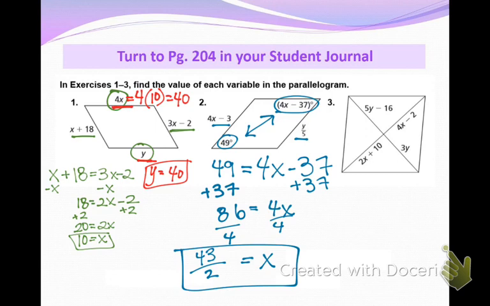Okay, so once we have x, what do you think we can do to solve for y? Plug it in. So where would it help me to plug it in? 4x. Yep. We could plug it in for 4x minus 3, because if we find out what that side equals, we know that y divided by 5 will equal that as well. So I'm going to take that and bring it up here. So 4 times 43 divided by 2, minus 3.